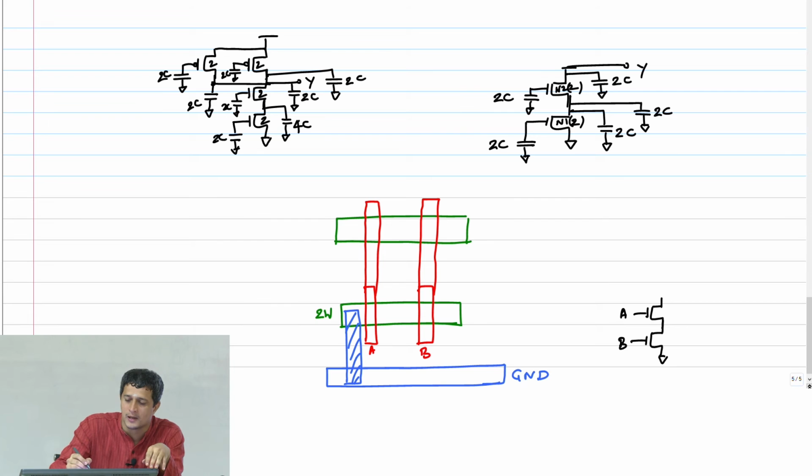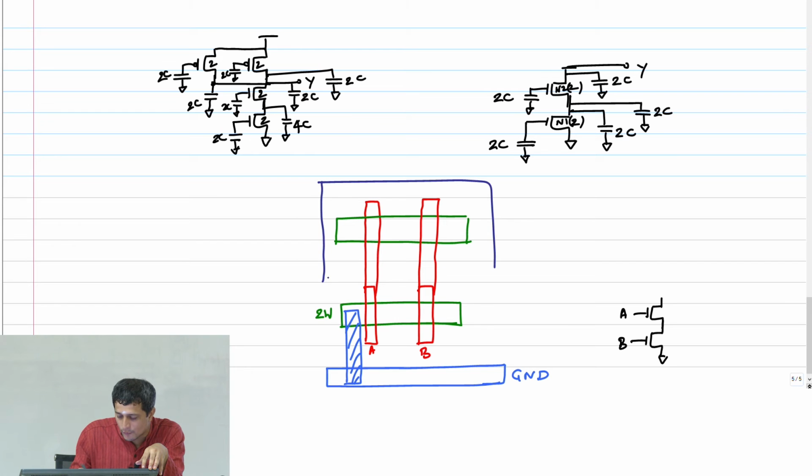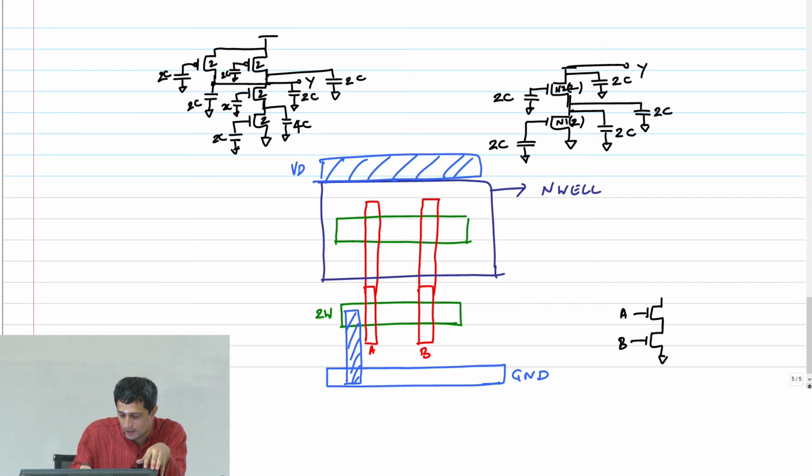Remember, this PMOS is actually sitting in an N well and the NMOS is sitting in a P well, right? This is my N well. So now I have my VDD line which is sitting here, VDD.